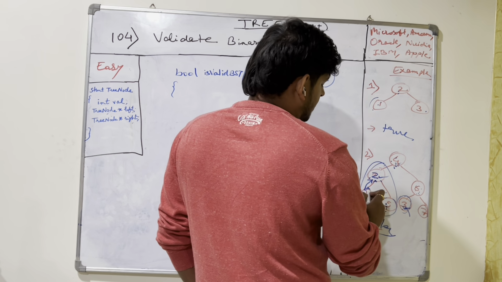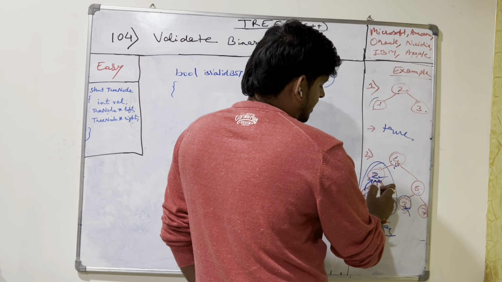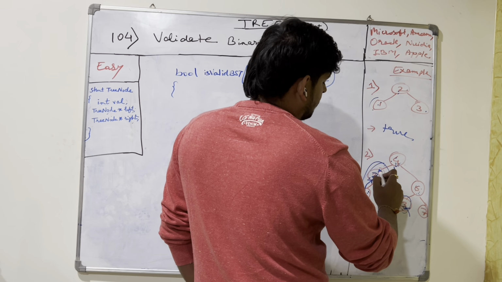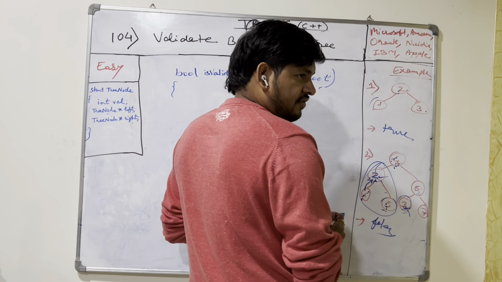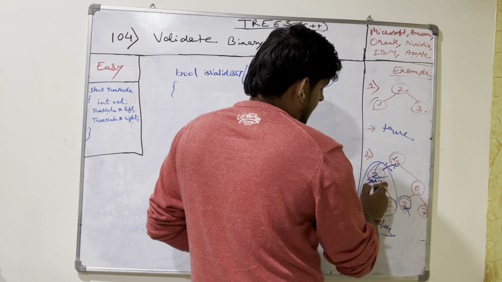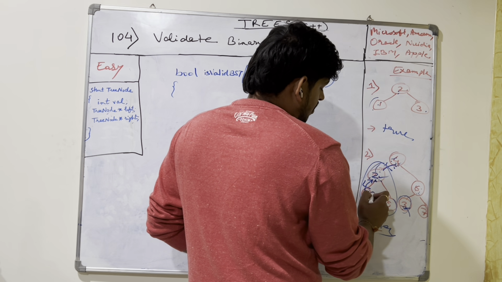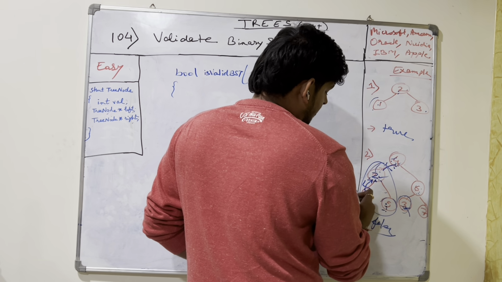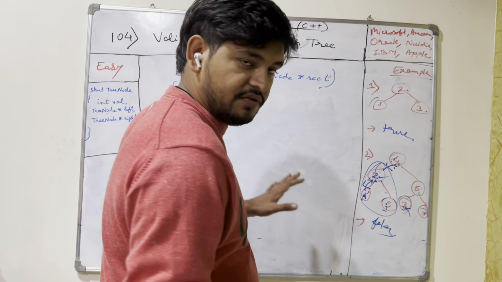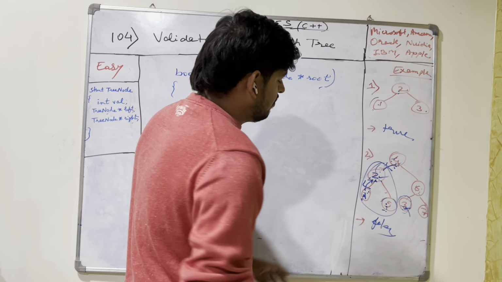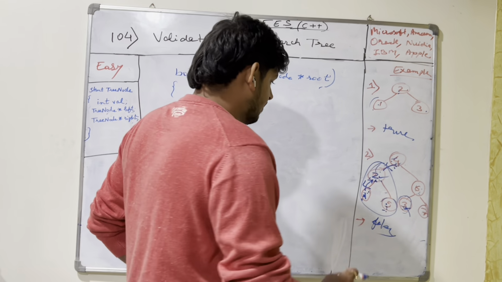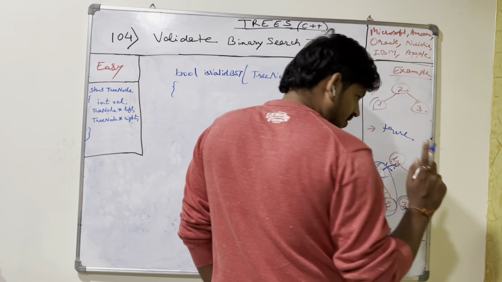Whatever its root is, since we are at the left, this 2 has to be smaller than the 4 and this has to be smaller than this. So whatever the value could be, it has to be less than 2. Any minimum value it can hold, but it has to be less than its corresponding root. Okay, so this is one thing to observe.